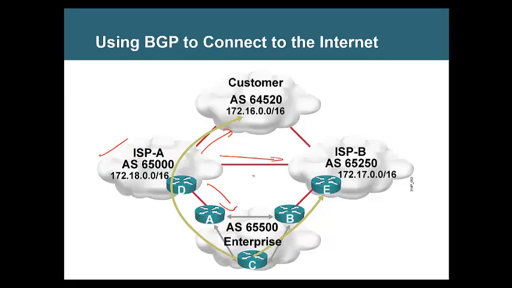The enterprise is also another customer. For the ISP, the enterprise is a customer. For this enterprise, the ISP is a transit to reach the customer. See, this is your company, Madhavan & Co. Madhavan has got some customers. The customers are not connected directly to the enterprise Madhavan.